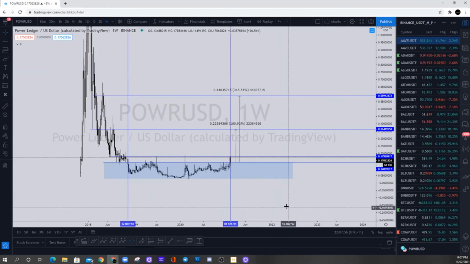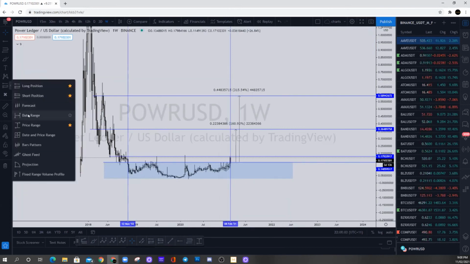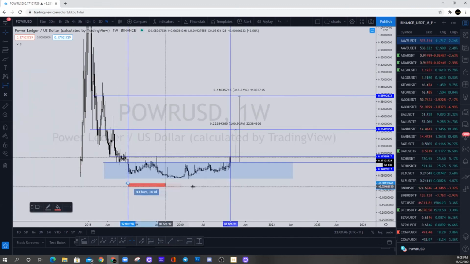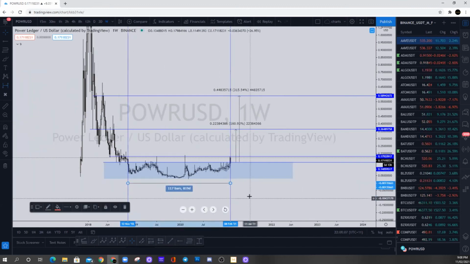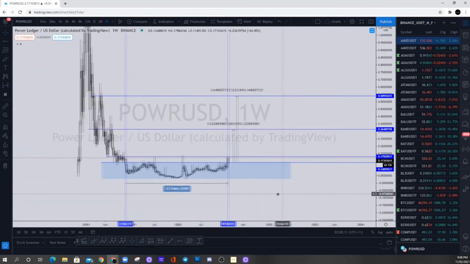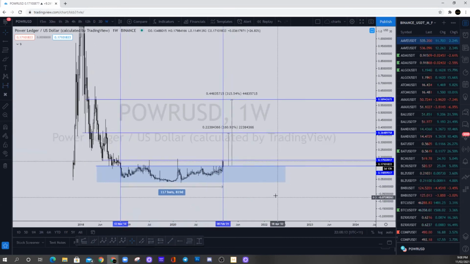That's a massive, massive consolidation right there. 117 weeks. So this is a weekly chart. So 2 years of just consolidation, sideways action. When this thing gets going, it's going to really get going.